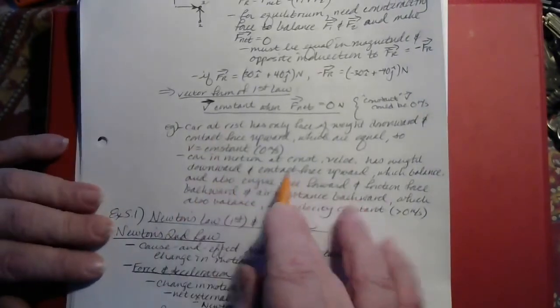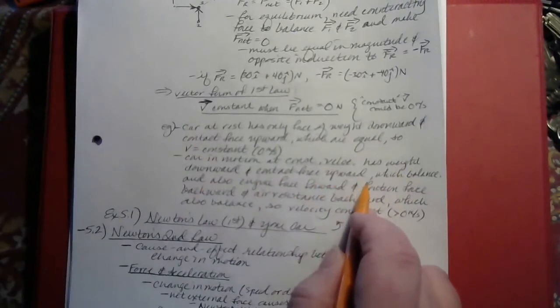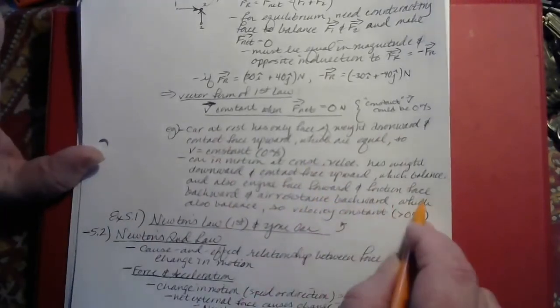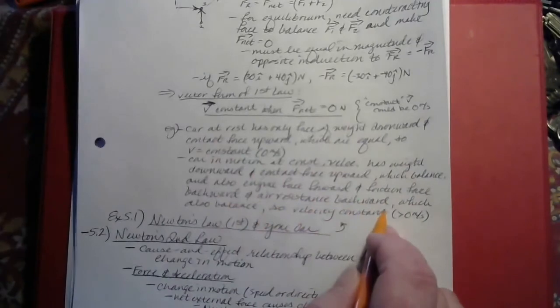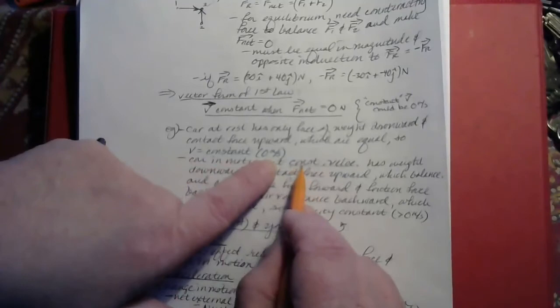So if a car is in motion at constant velocity, it still has its weight downward and the contact force of the road pushing upward, which balance. It also has the engine or mechanical force pushing it forward, but it also has friction and air resistance pushing it backwards. If the velocity is constant, those must balance also. So the velocity would be constant at something greater than 0 meters per second because it's in motion.